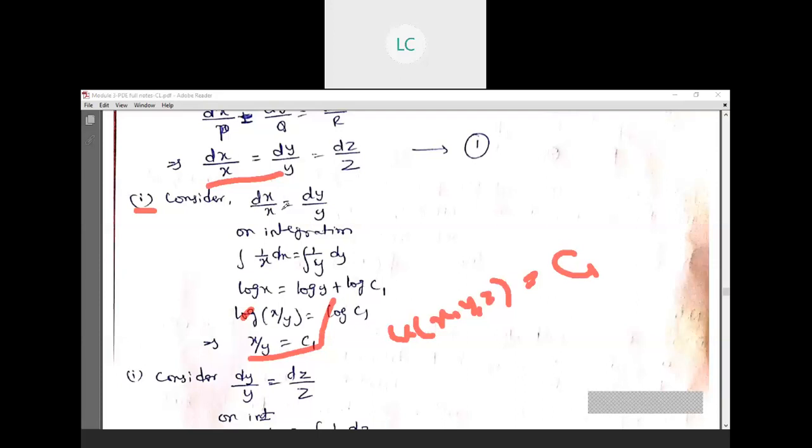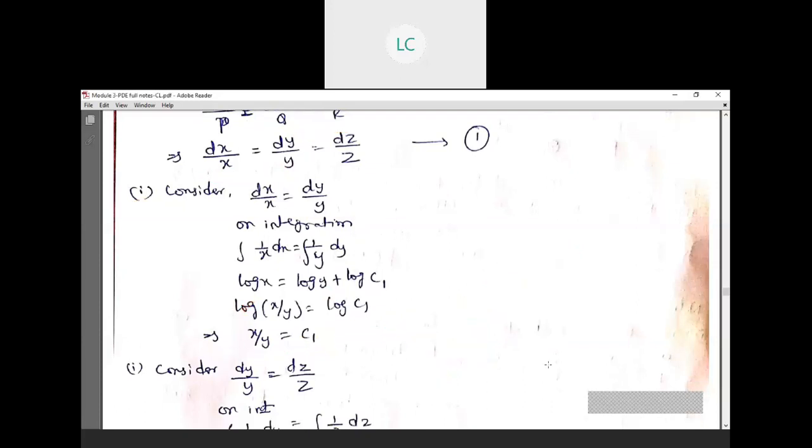Now next we need to find v, right? To find v, consider another pair. So I am going to consider dy by y and dz by z as the second pair because these two are also in separated form. Variables are separated. We need not separate the variables here.